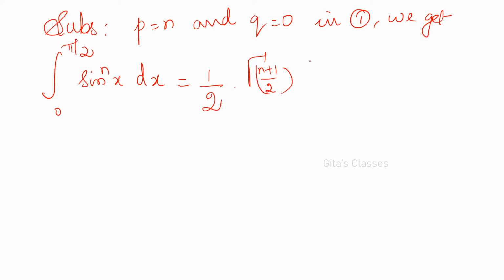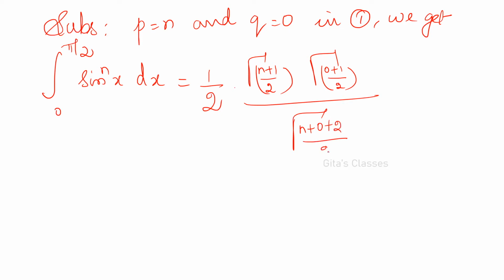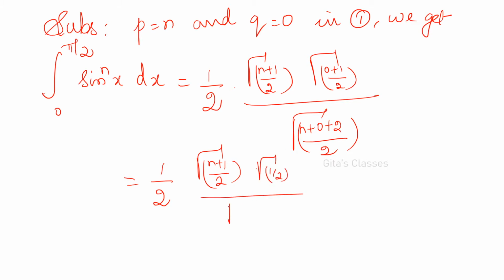Gamma of 0 plus 1 by 2, q is equal to 0, divided by gamma of n plus 0 plus 2 divided by 2. Right? So this is equal to 1 by 2 into gamma of n plus 1 by 2 into gamma of 1 by 2 divided by gamma of n plus 2 by 2.